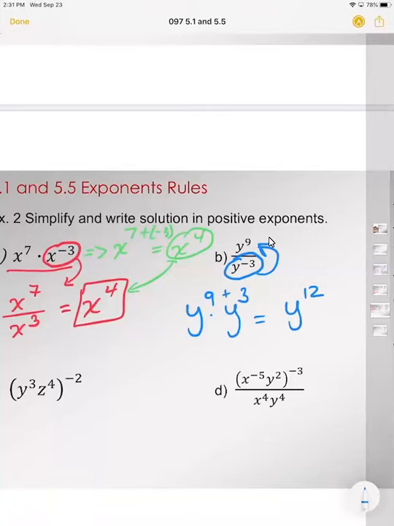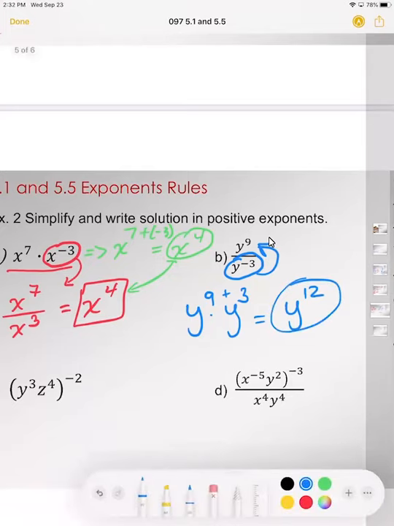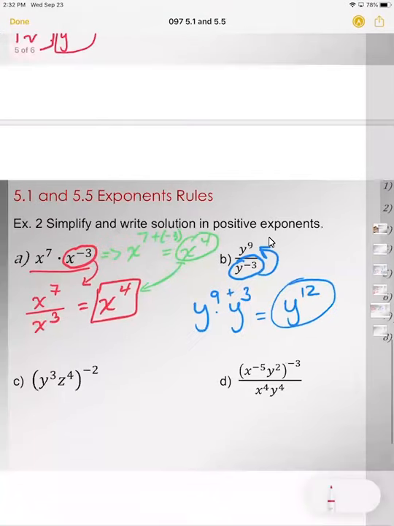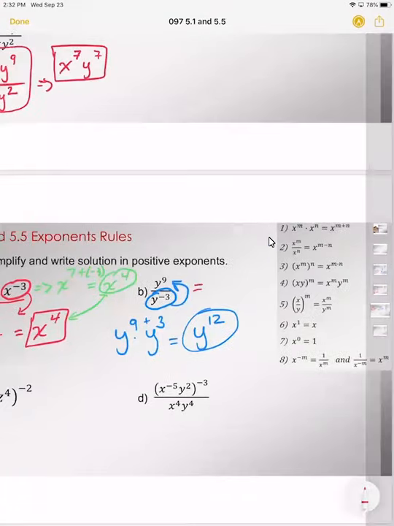So any question with A or B here? Question of how I got x to the 4 in A and y to the 12th in B? Okay. And whoever says, Mr. Tran, I did not do that, yes, I understand. I know that you can literally do y to the 9 minus a negative 3.